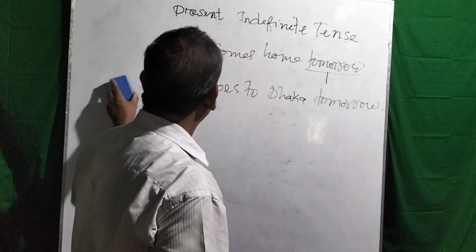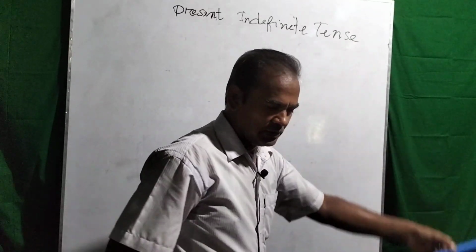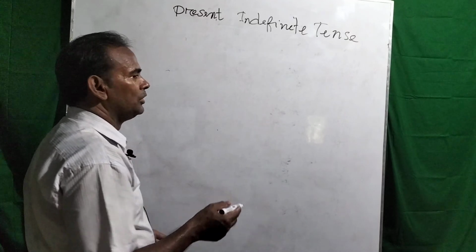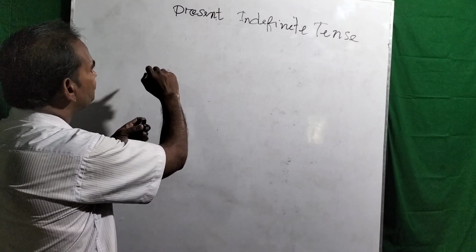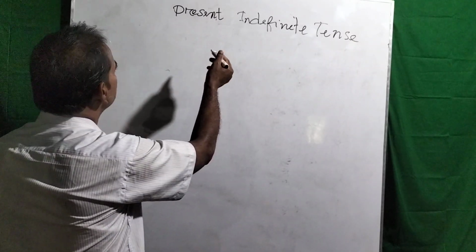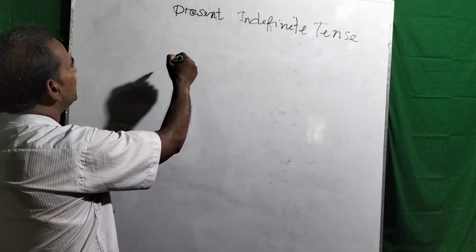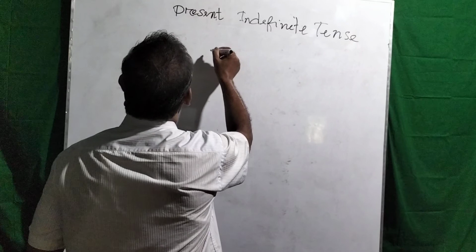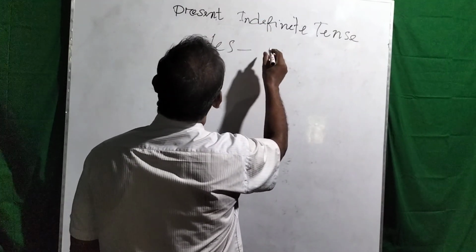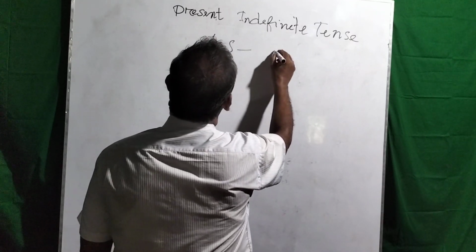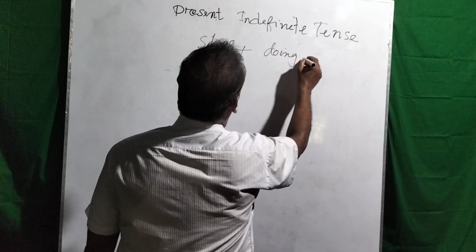There are many rules for using the present indefinite tense, but I am just giving you the important ones. Please look at the whiteboard. You can see the present indefinite tense. When we use present indefinite tense, we have to remember that s or es must be added to the doing verb.